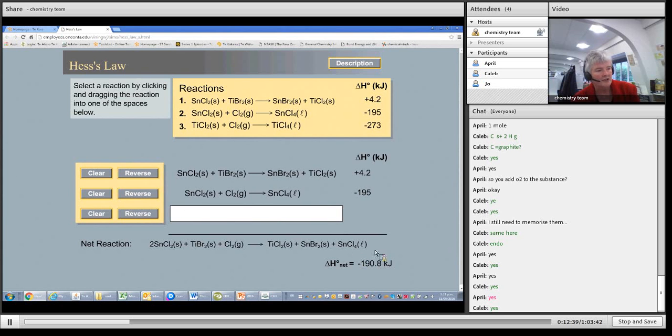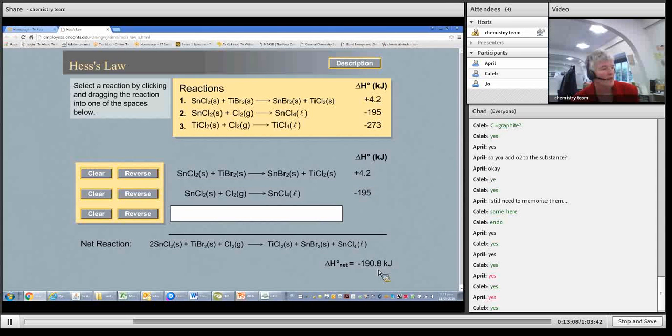So can you see, if I add these up, positive 4 minus 195, I'm going to have minus 190.8. Because I'm just adding or subtracting, depending on which way you view it, the significant figures is not important. You don't round off to 3 significant figures. You just keep to whatever is given over there.